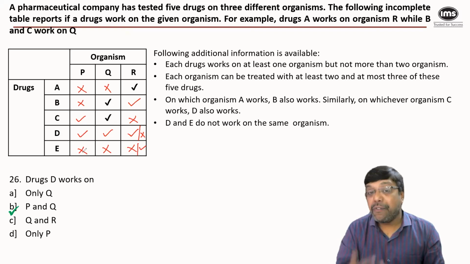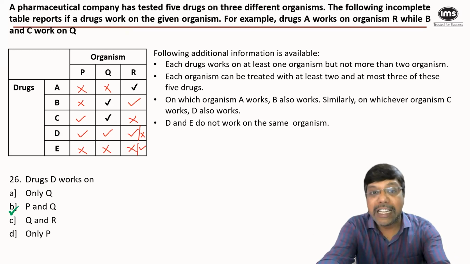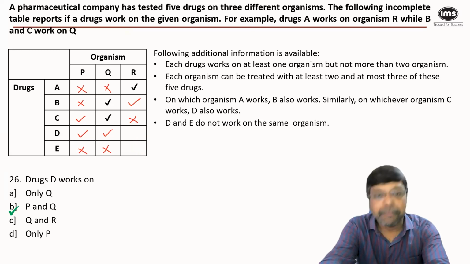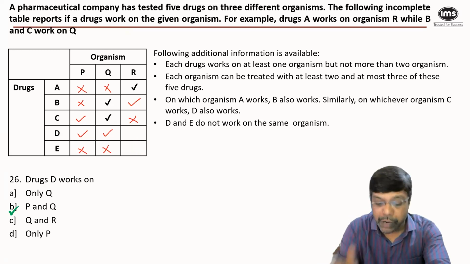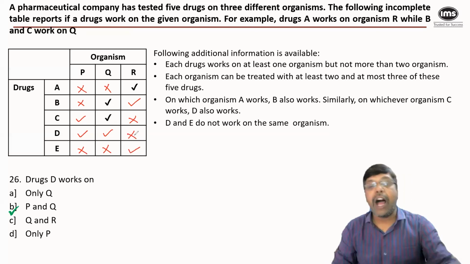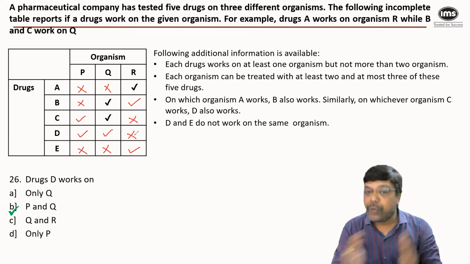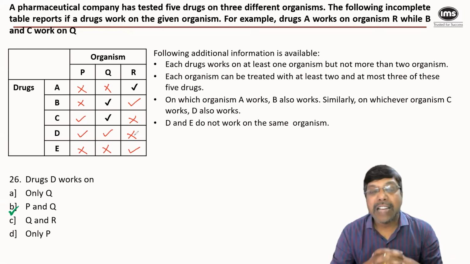Now, since every drug must work on at least one organism, it will help me determine that E works on R. And since E works on R, D cannot work on R. Now, before you conclude, one, cross-verify if all the statements are satisfied.